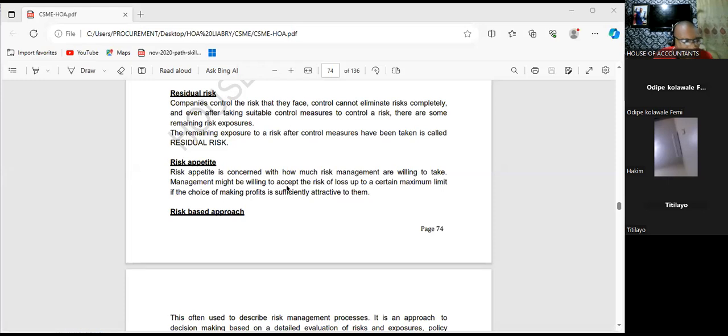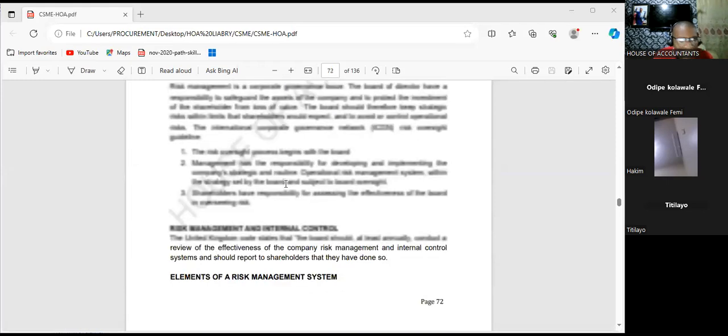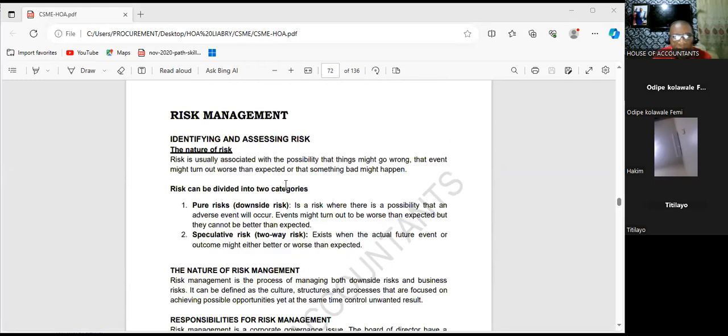Without wasting our time, like I said, let me share my screen on the material we are going to discuss with. I want to believe you can all see my screen.